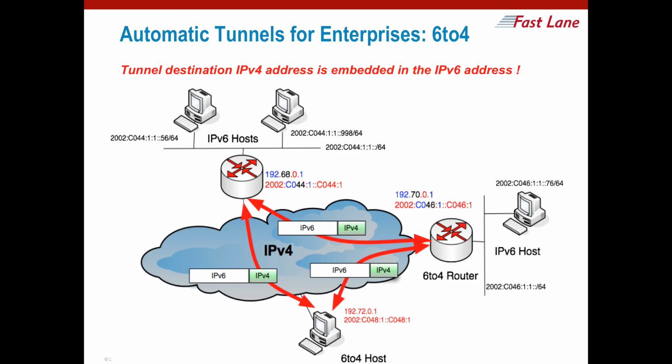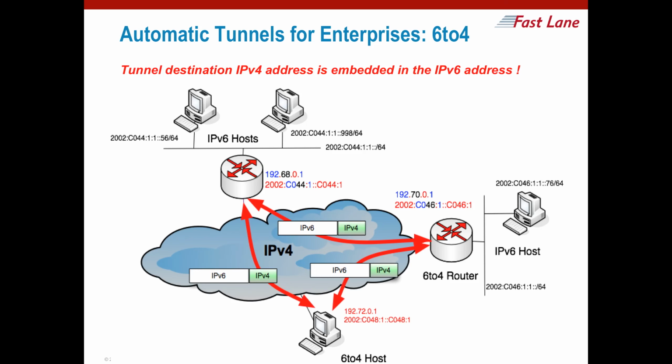Then the 32 bits which follow are the 32 bits of your public IPv4 address on the Internet. So this is a unique address, and this way your IPv6 /48 prefix is also unique, and it can be subnetted. You have 16 bits for subnetting, and so two problems solved.